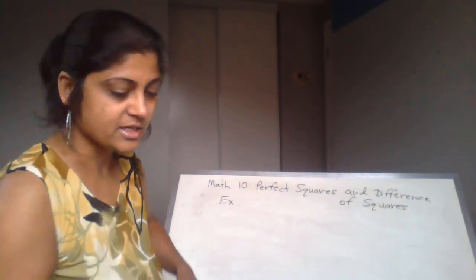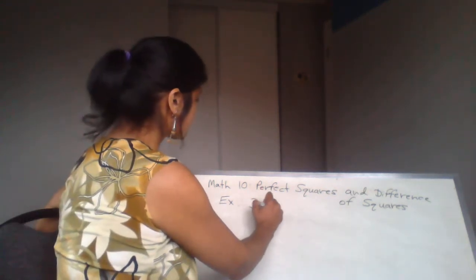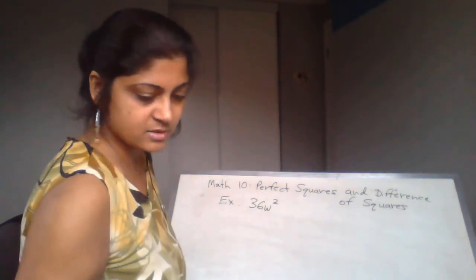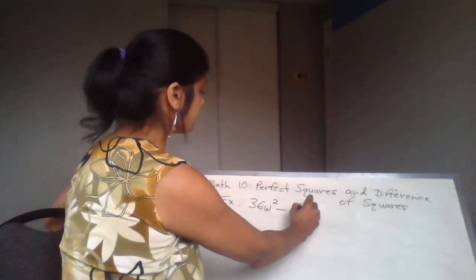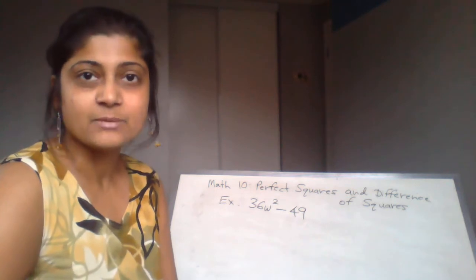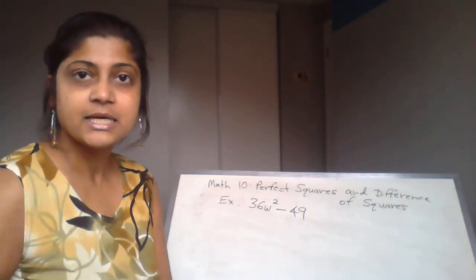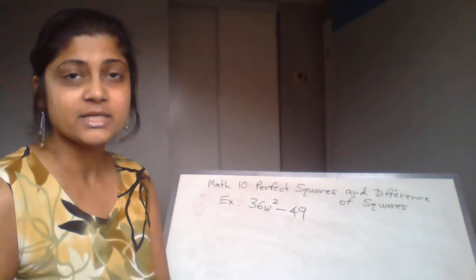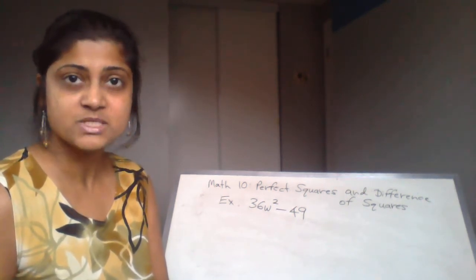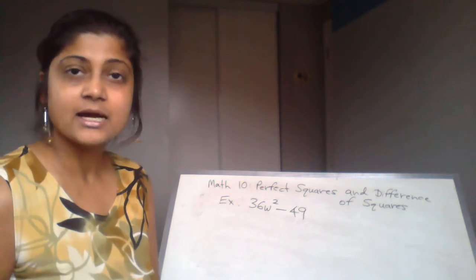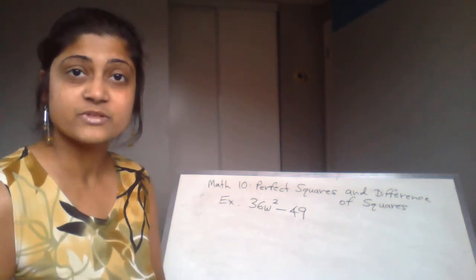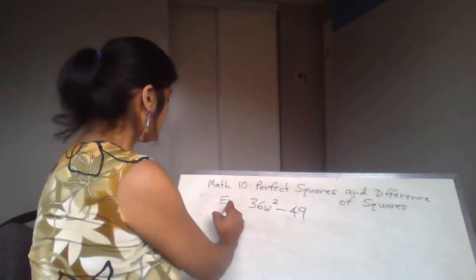Okay, so let's try a question here. Let's do this one: 36w squared minus 49. Looking at this expression, I can see that it's a difference of squares. I have a negative sign between the two terms, and right away I know I can take the square root of both terms.